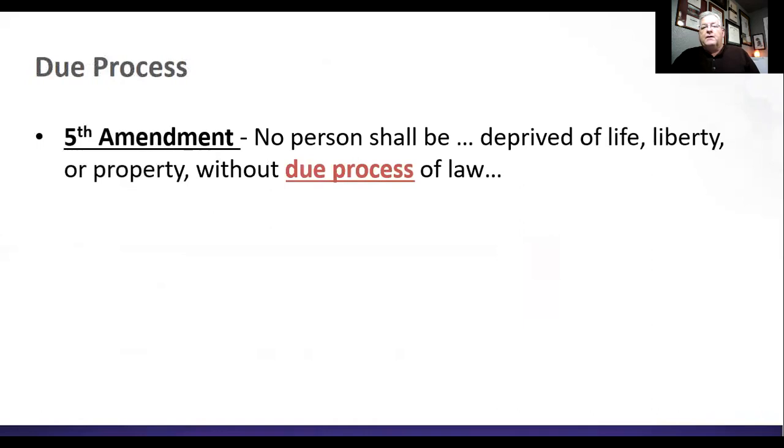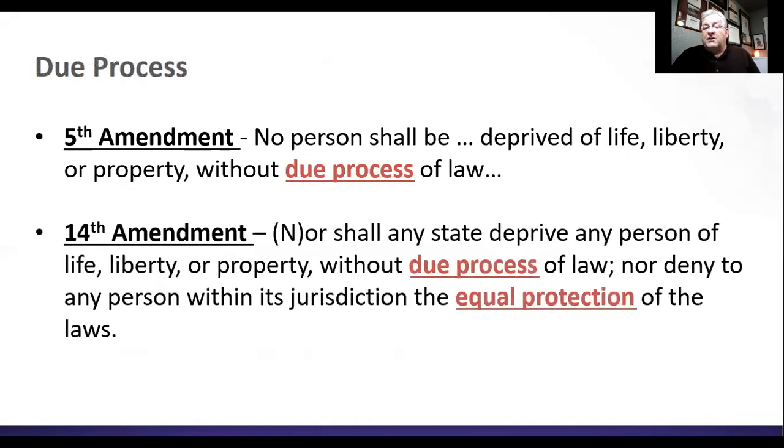So remember, due process is the only thing that's actually mentioned twice in the Constitution. In the Fifth Amendment, it says that no person shall be deprived of life, liberty, or property without due process of law. And then in the 14th Amendment, it says that nor shall any state deprive any person of life, liberty, or property without due process of law. You might also remember that the 14th Amendment includes the Equal Protection Clause.